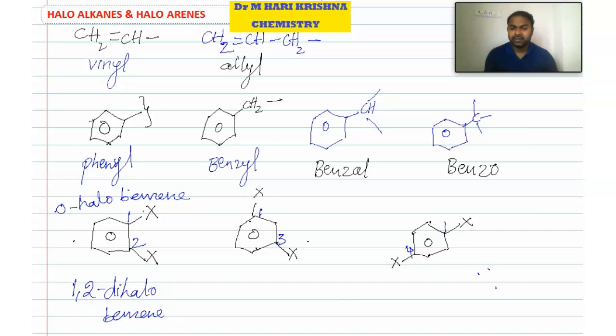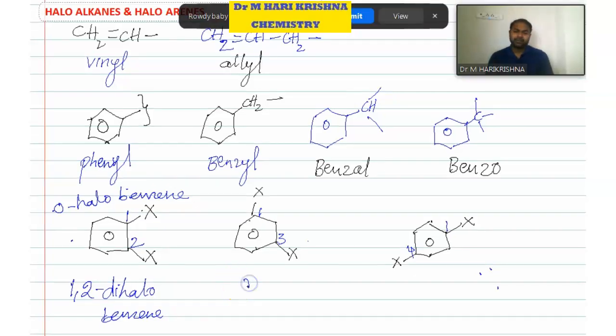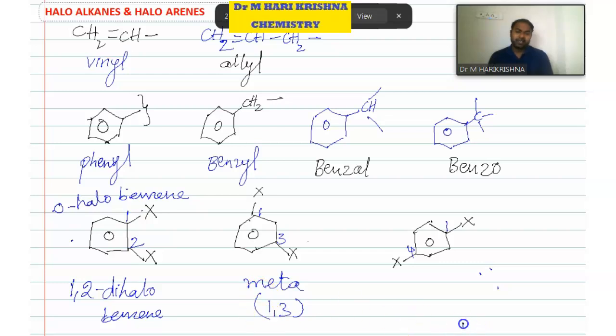Orthohalobenzene. This is meta. 1,3 is known as meta. Here 1,4 is there. 1,4 position is known as para.